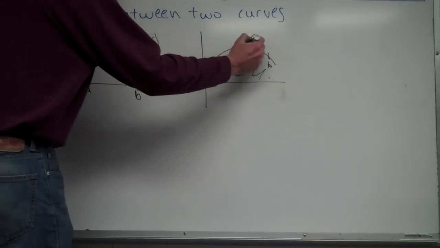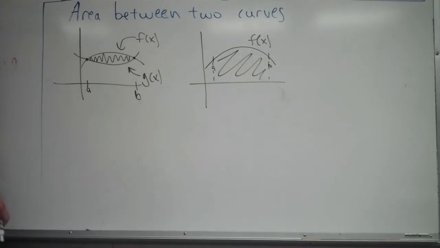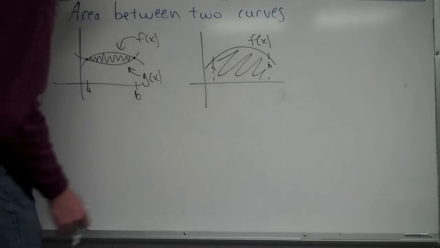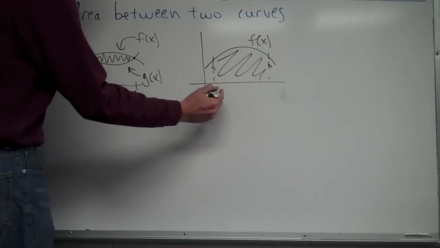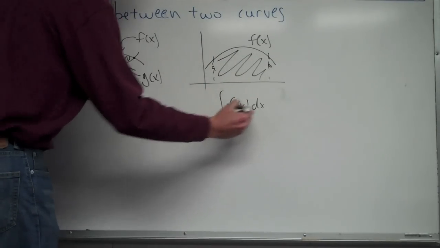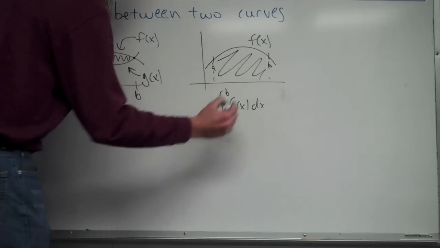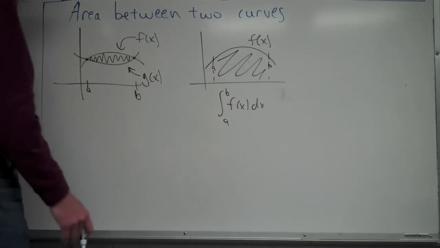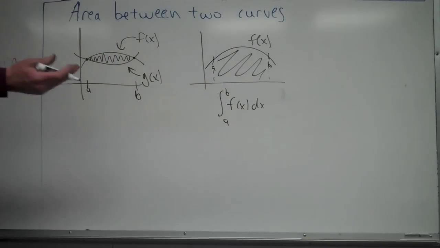And again, this is the graph of f of x. To find this, we've discussed that before, you would find the integral of f of x from a to b. So that would just give you the area under f of x from a to b.